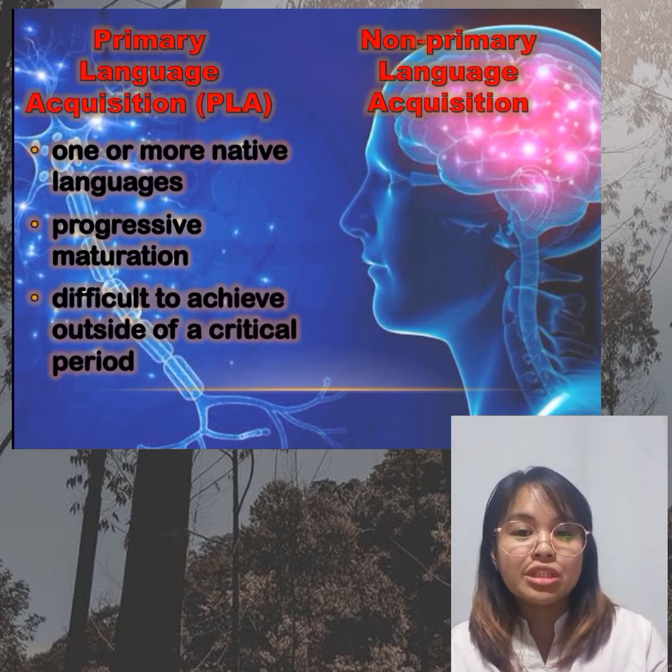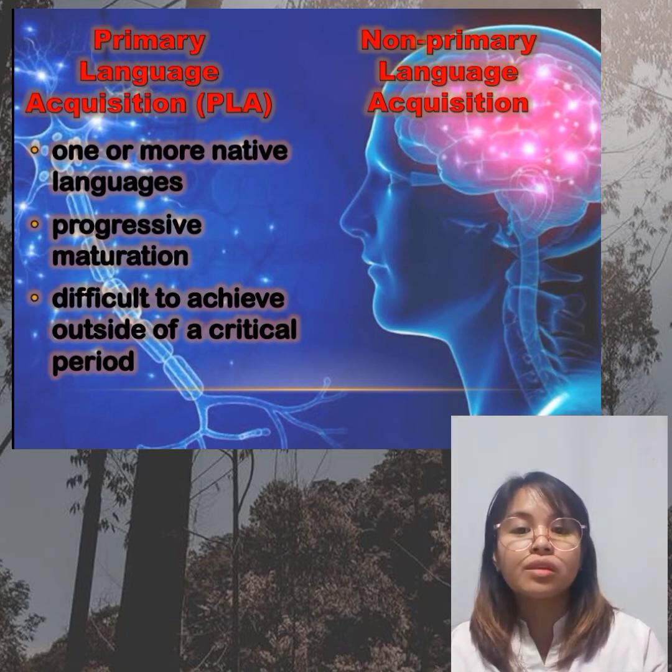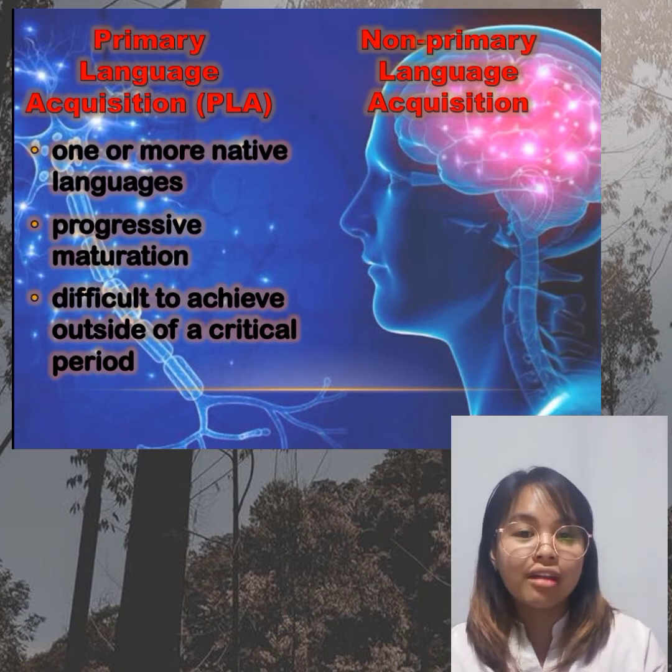Primary language acquisition becomes difficult to achieve outside of a critical period. The critical period ends at 9 to 13 years of age. We say critical period because it is when a child feels difficulty in achieving another language aside from his native language.